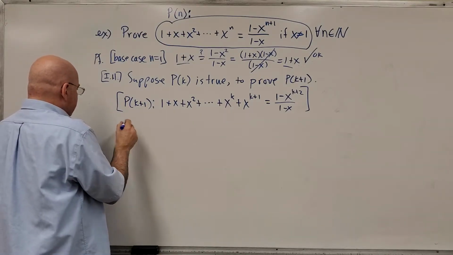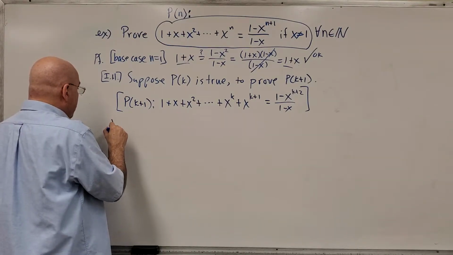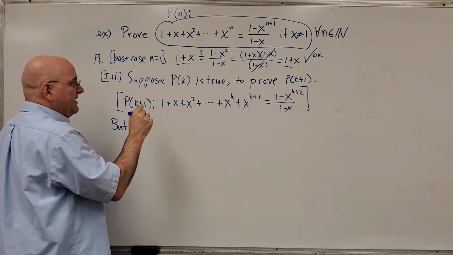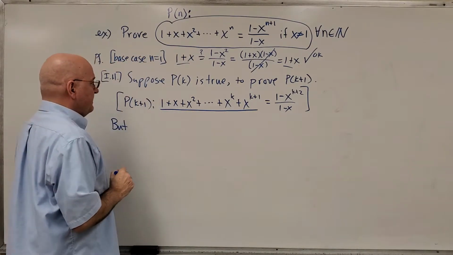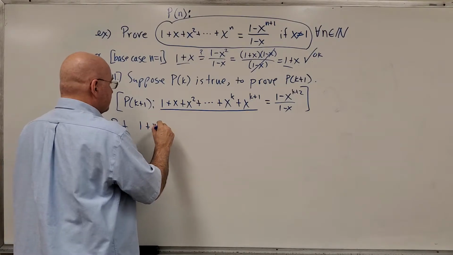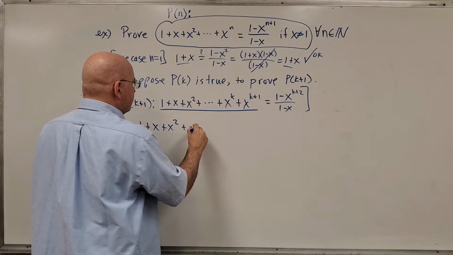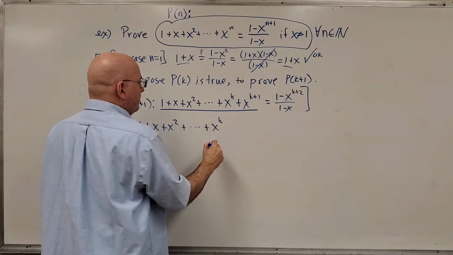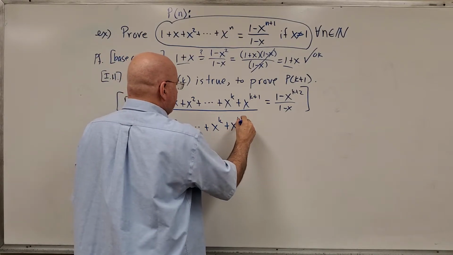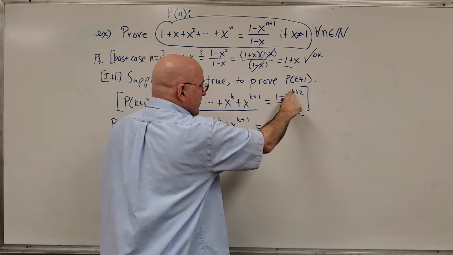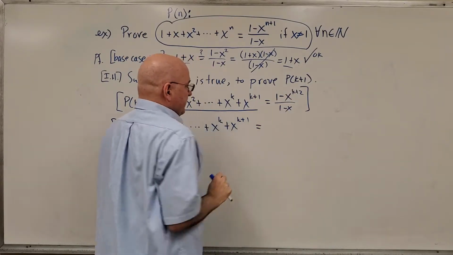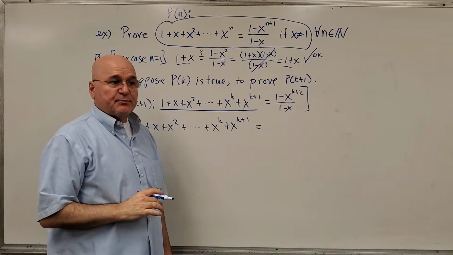So let's say that, we know that this left-hand side, 1 plus x squared plus dot dot dot plus x to the k plus x to the k plus 1 is equal to, and now remember, we're trying to prove this. We can't just write that here. We need to use some algebra to prove that.